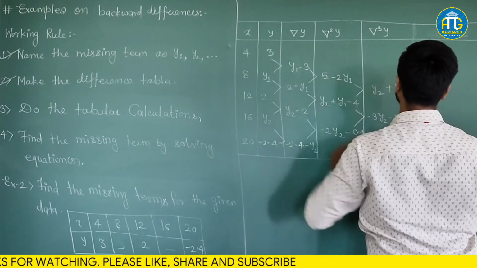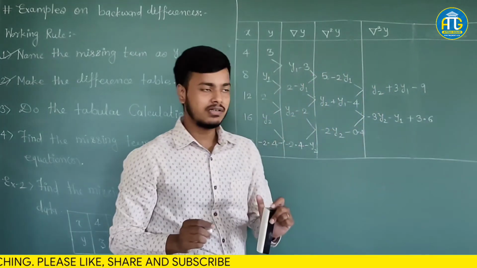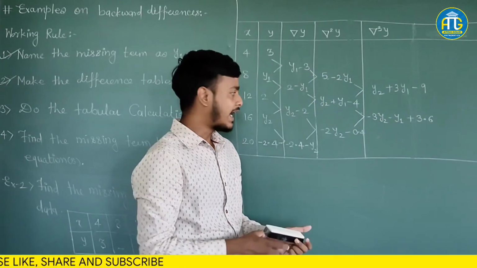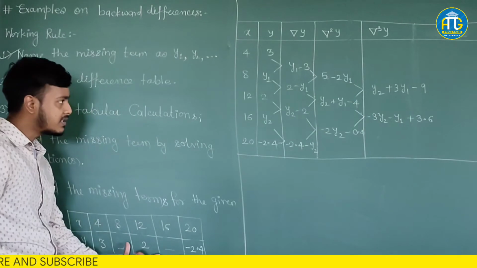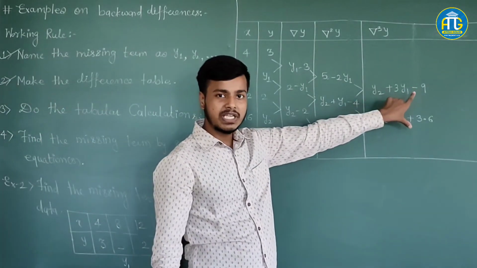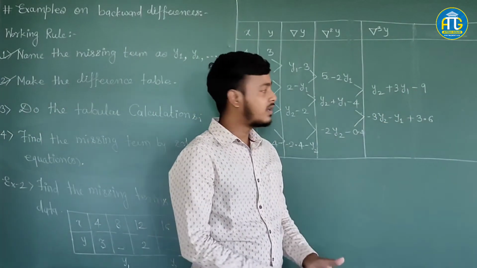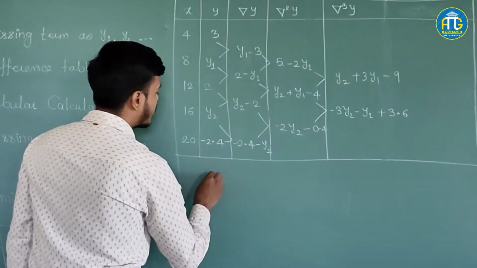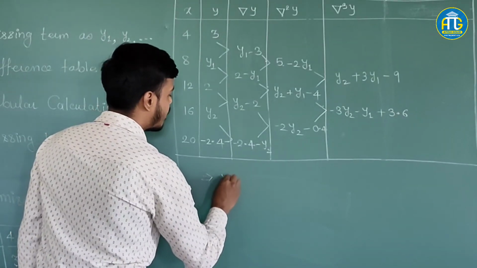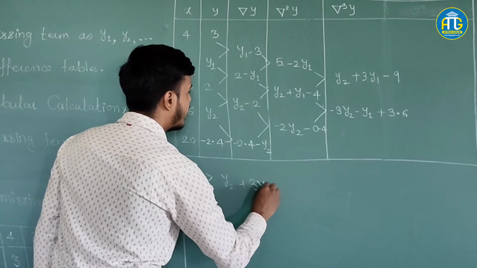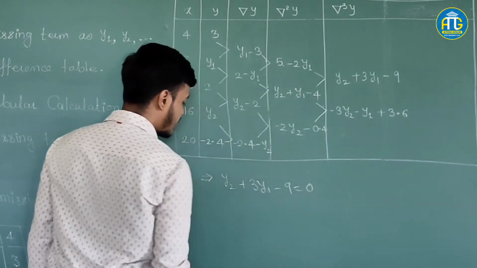Now as I told you in the earlier video also, if you need to find out two unknowns, we need two expressions. Now equate these two expressions to 0. So you would be getting y2 plus 3y1 minus 9 equal to 0.